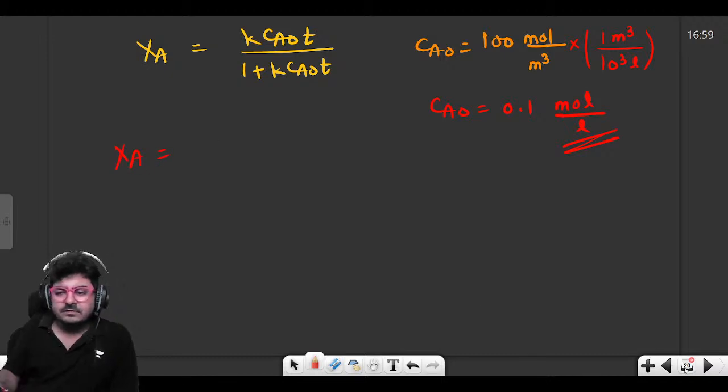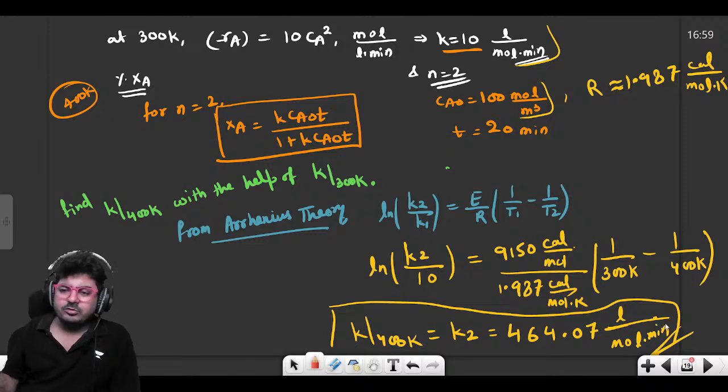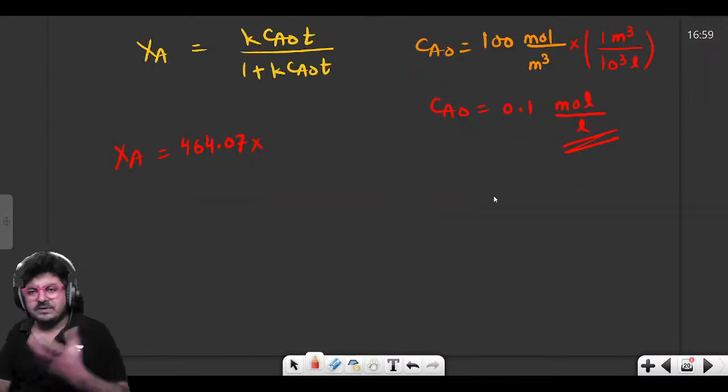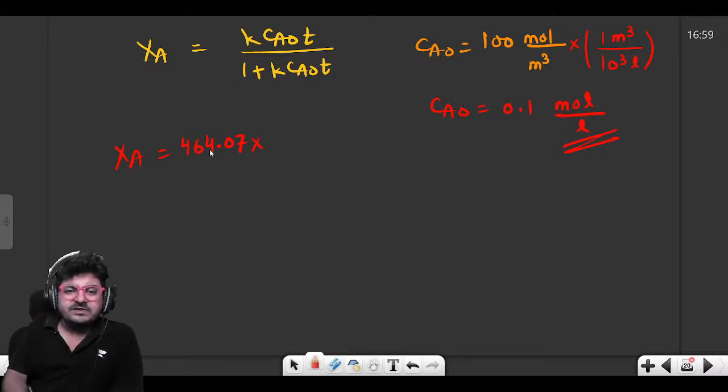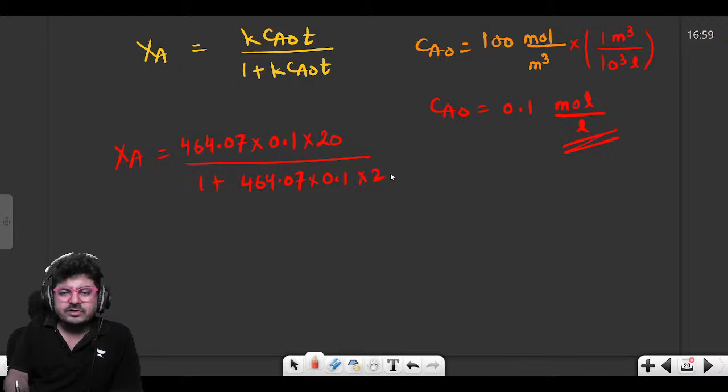So K is 464.07. आप K की यूनिट्स भी चेंज कर सकते हो मीटर क्यूब पर मोल में, ऐसा कोई रूल नहीं है, बट यहाँ पे CA0 इजी था तो वो कर लिया। So K is 464.07 multiply by CA0, that is 0.1, into T, that is 20 minutes, divided by 1 plus 464.07 multiply by 0.1 into 20.